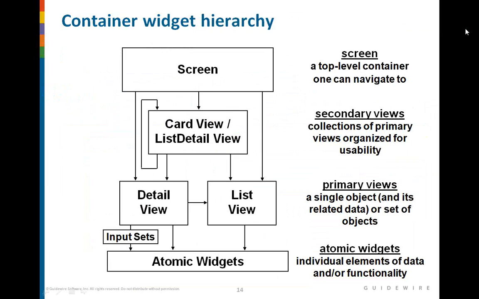The user always navigates to a screen only. In the screen you can have a detail view, list view, card view or list detail view. A detail view again can hold input sets, or directly it can hold atomic widgets, and a list view holds atomic widgets. So this is the hierarchy for the widgets.